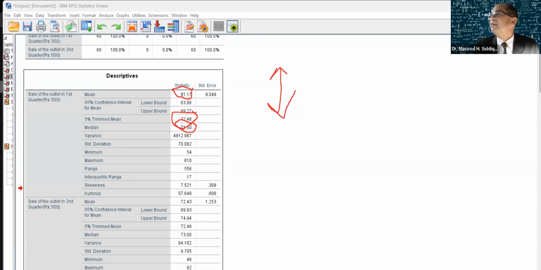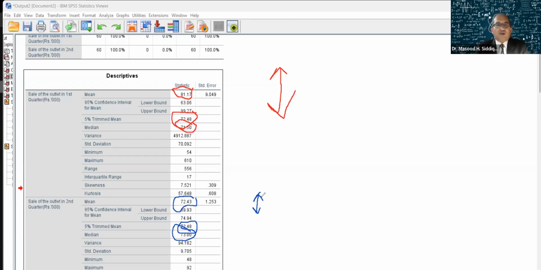Now we consider the second part. Here, the mean is 72.43. You can see the 5% trimmed mean is 72.48, approximately the same, and the median is 73, very near to 72.5. Okay, so here the difference between the mean, the 5% trimmed mean and the median is relatively small, very small, right?